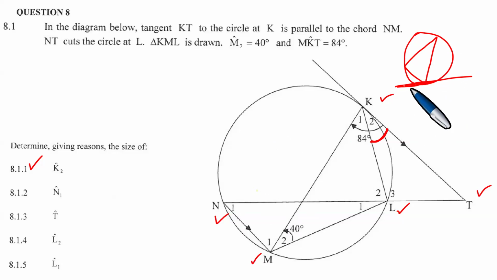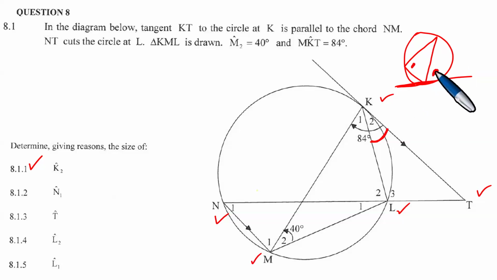So there's an angle between a tangent, because they said here tangent KT. So KT is a tangent. The angle between a tangent and a chord is equal to the angle subtended by the chord, and this chord subtends this angle.